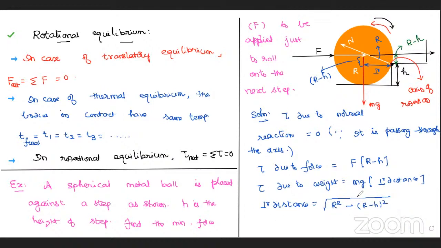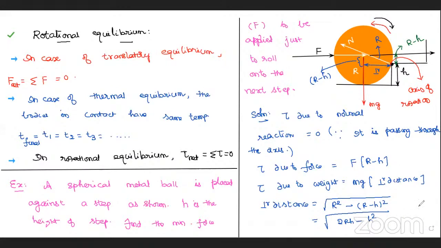Okay, good. By expanding this term, R squared gets cancelled. What you said is 100% correct. After simplifying, it is 2RH minus H squared.